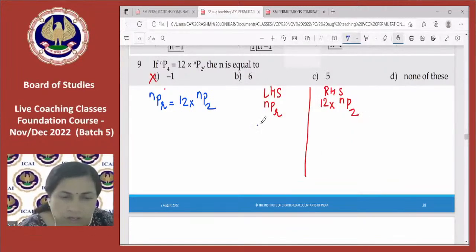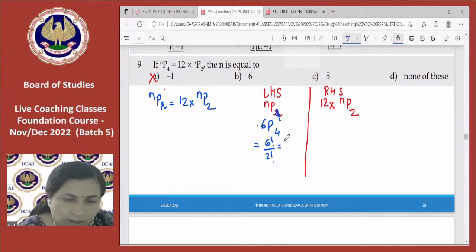First option is 6. So I will put 6. 6P4, and this is 2. How much is 6P4? 6 factorial upon 2 factorial.